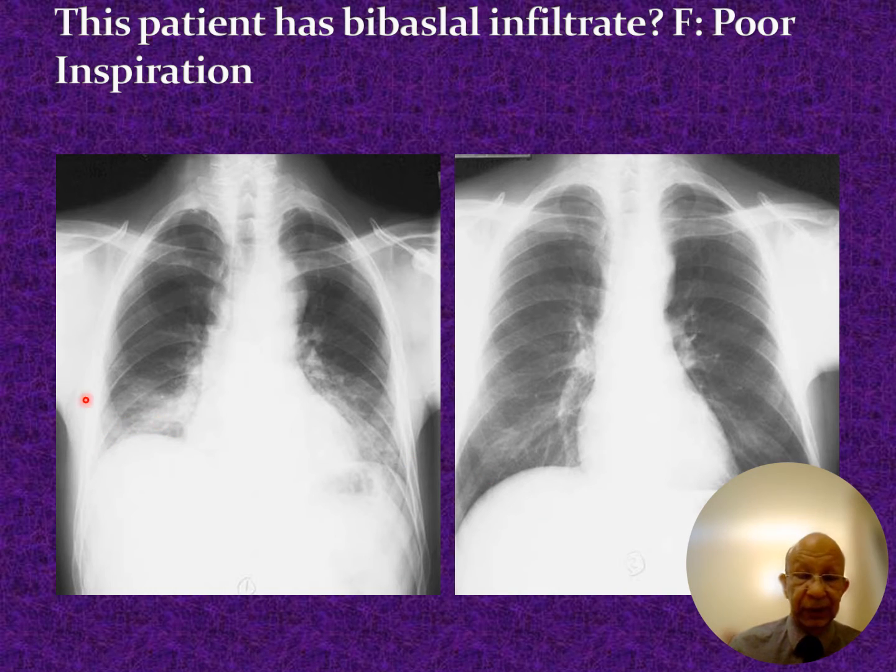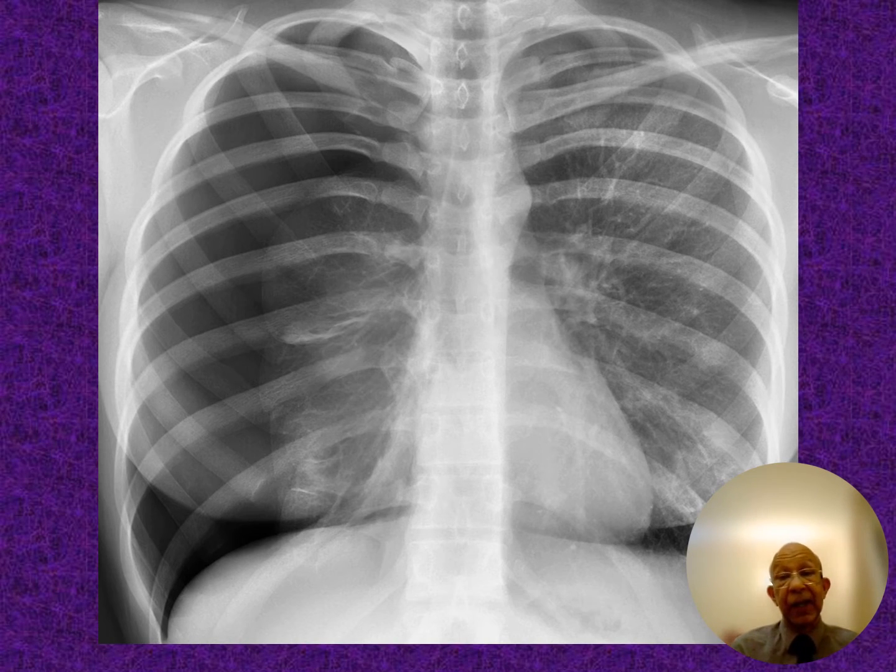You could not see the 9th or 10th rib posteriorly or the 6th rib anteriorly, and therefore it gives you the feeling that there is some basal infiltrate. As a matter of fact, it's just a difference in inspiratory effort. Now another difference, you're supposed to have different blackness of the lungs.